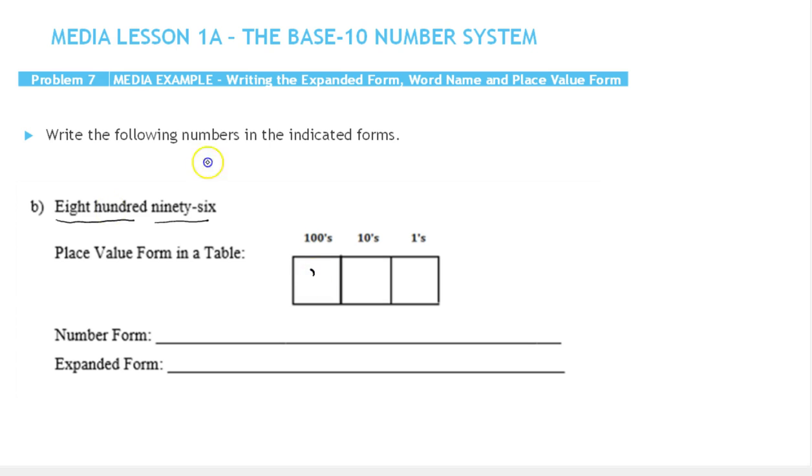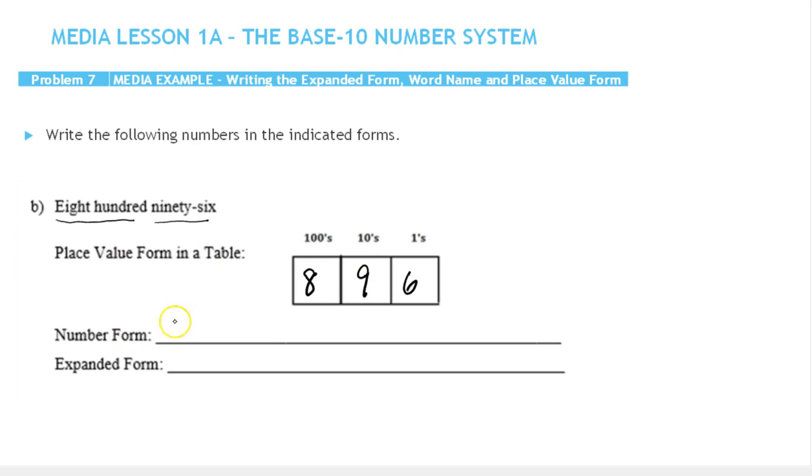So that means there's an 8 in the hundreds place. Then these represent our last 2 digits. Since there's a hyphen there, the ninety tells us the value in the tens place, and 90 represents 9 tens. And then we have a 6 in the ones place. So this is the place value form in a table.